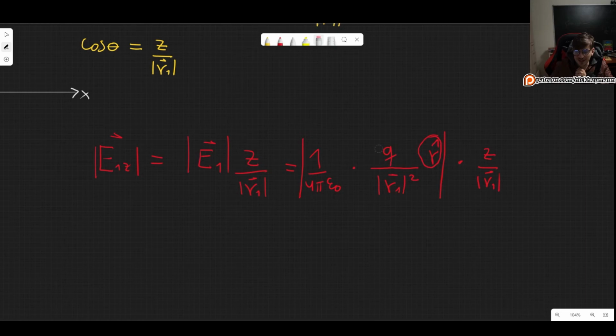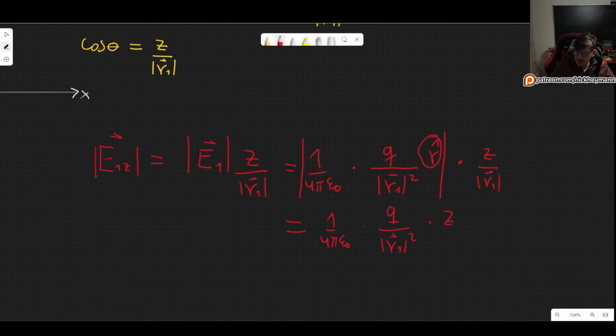And this is a number. The modulus of a number is itself. The modulus of 5 is simply 5. So we can simply take all of these numbers. This thing is already a number because it already has this modulus, Q divided by R1 squared, and the modulus of R hat is 1. So we don't have to worry about it.